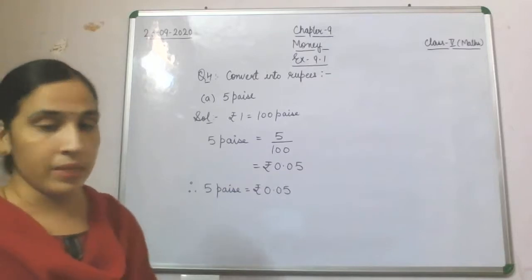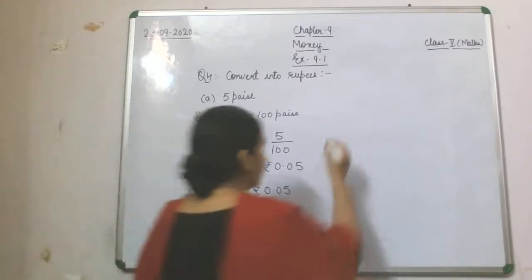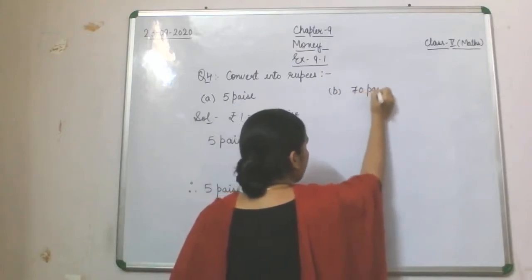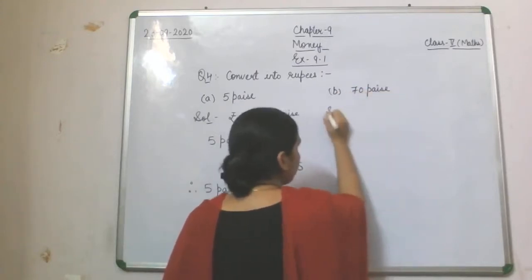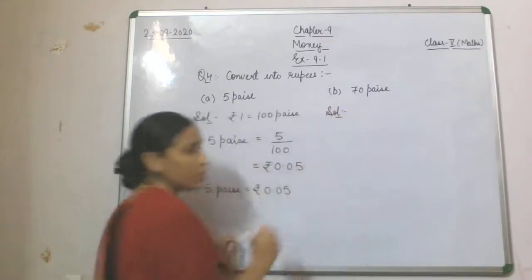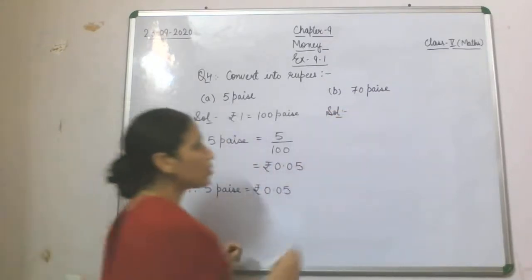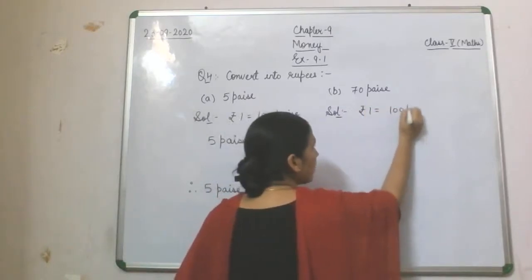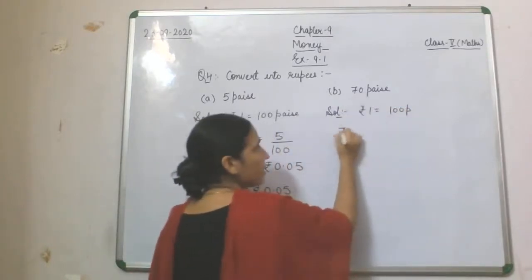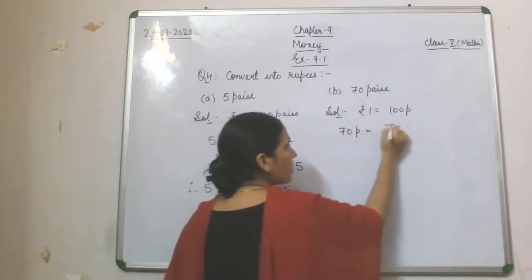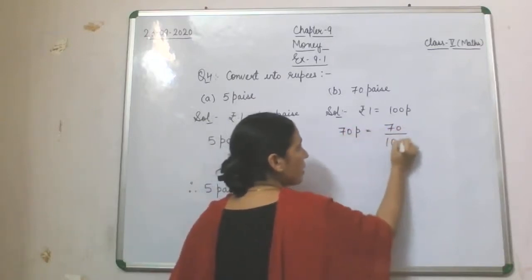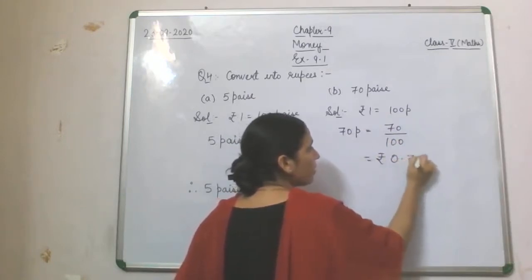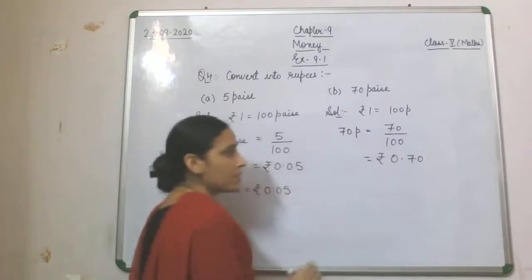Let's take one more example related to this. B part is 70 paise. Again the concept is the same. We'll write the solution: rupee 1 is equal to 100 paise. It means 70 paise is equal to 70 divided by 100 to change it into rupee. Now 0.70, put the decimal.